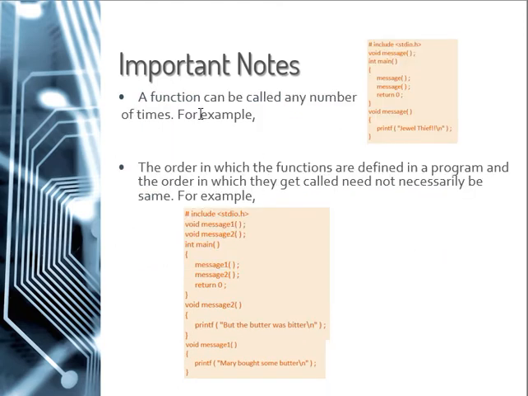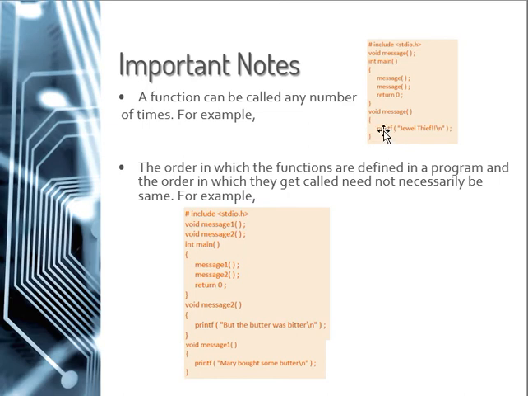Another important note is that a function can be called any number of times. So, you can call the function again and again. This is the advantage of using functions, because instead of writing printf, say, two times, you can just call message, the function that holds this block of code, two times. So, in this example, you can't see the importance because there is only one line inside the function.